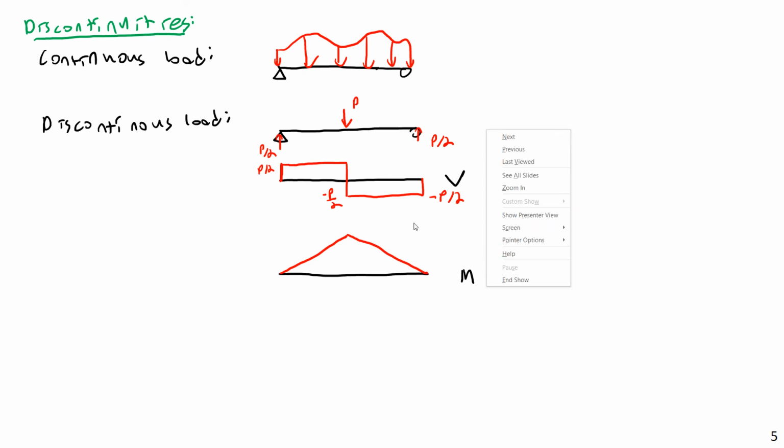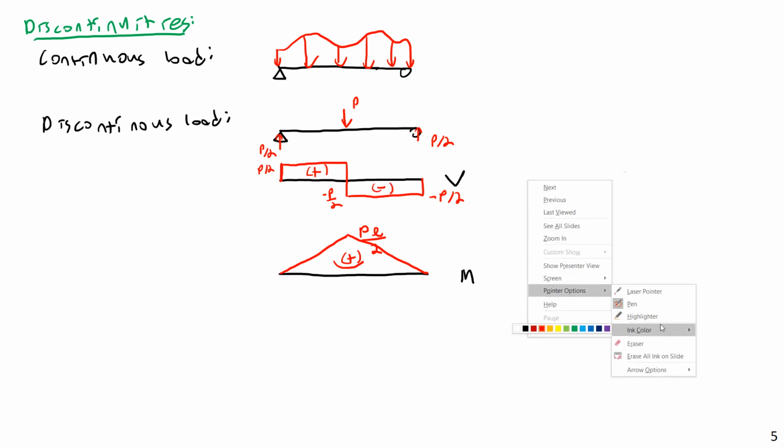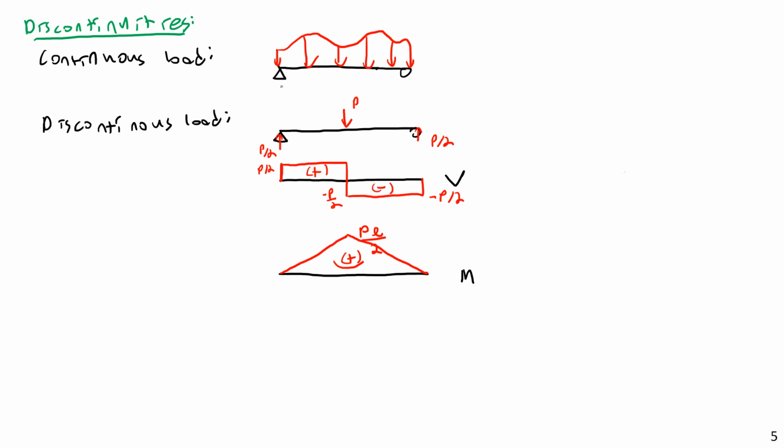And let's say this would be equal to PL over 2, and that would be positive throughout. And we would have a positive shear here and negative shear here. This is assuming the beam is of length L.